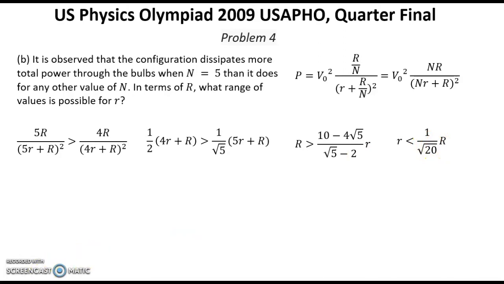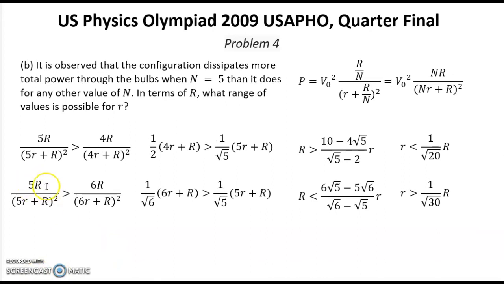Let's count what happened when N equals 6. We have this inequality. We do the same procedures here, and this is the result. When we cancel big R, we take the square root of both parts and we reverse them. We have this inequality.